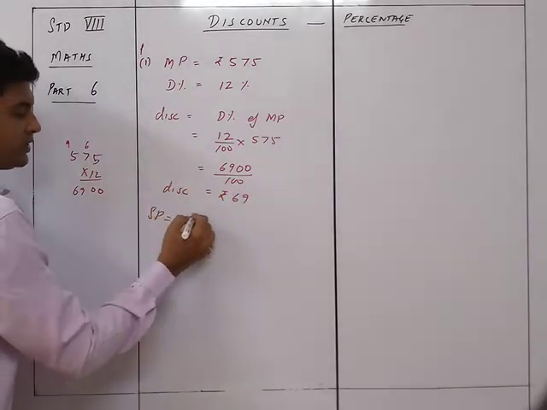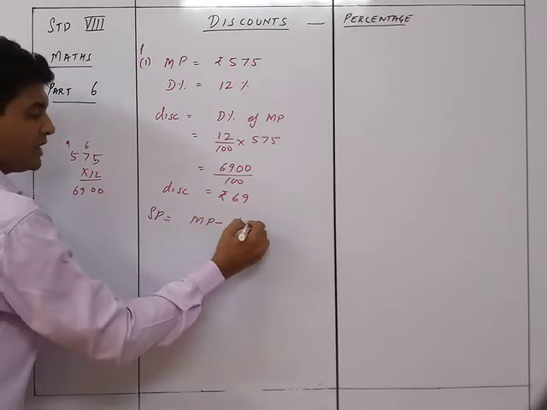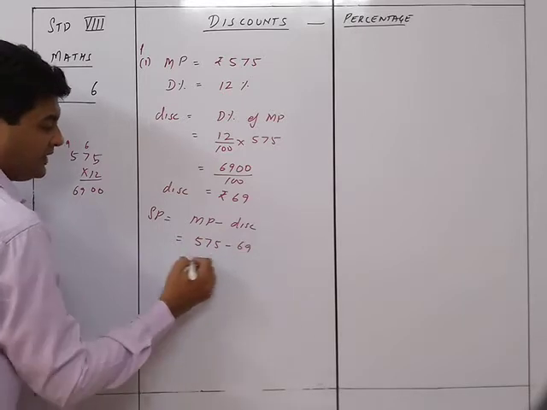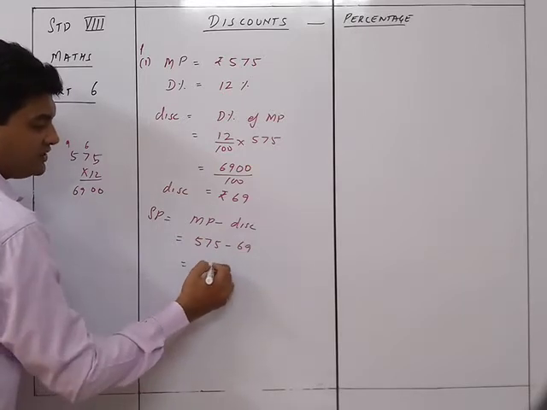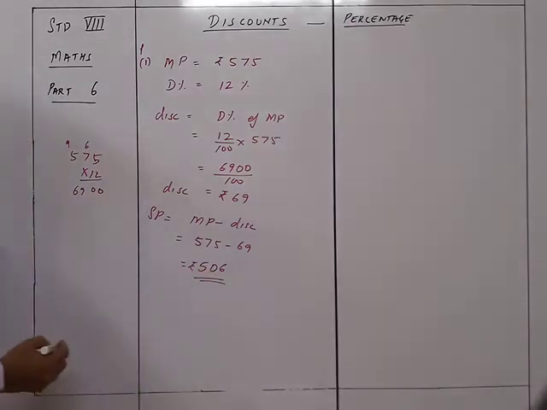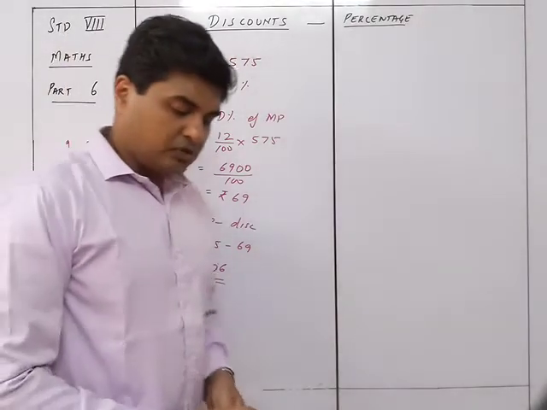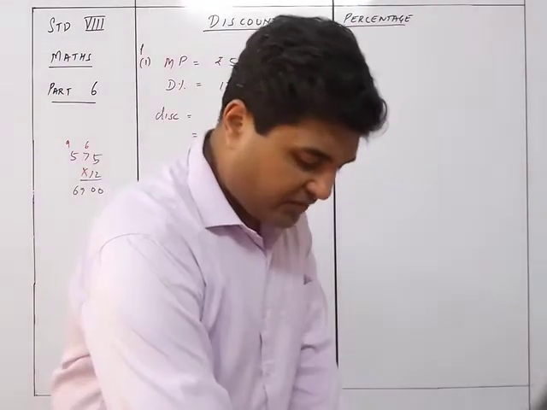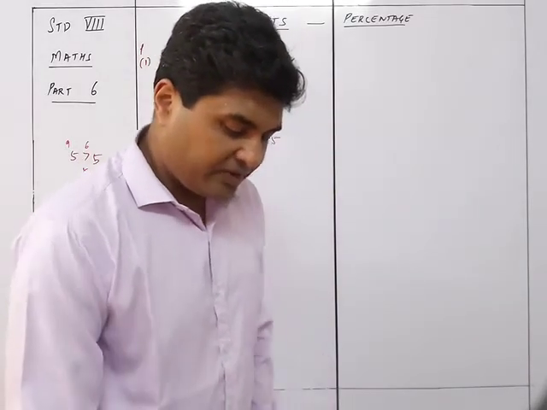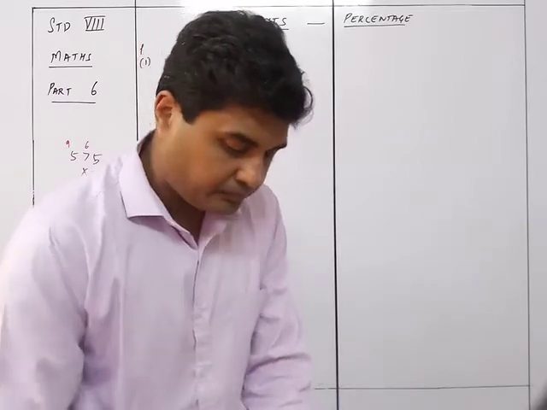So SP is equal to MP minus discount. That is going to be 575 minus 69, which is 506 rupees. So rupees 506 will be the selling price of the article which was marked at 575 less 12% discount. So that was 69 rupees and 506 rupees.